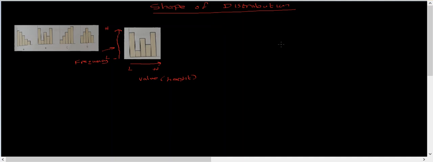Something that I just want to introduce as well is this idea of what's known as symmetry. If we were to draw a circle and draw a line right down the middle, each side would be what's known as symmetrical.